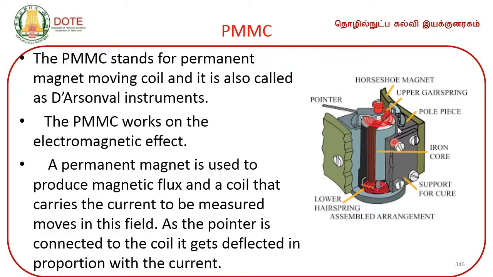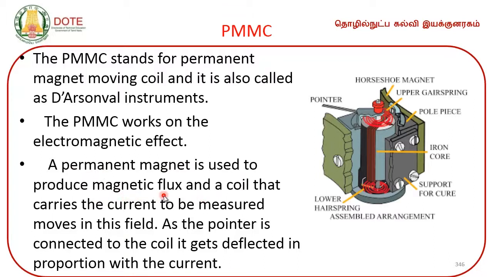So this is movable. This is the coil. The name itself says permanent magnet moving coil. The moving coil is here; the permanent magnet is the stator, the static part, and the moving coil is the movable part, okay? Static part is the permanent magnet, moving coil is the movable part.